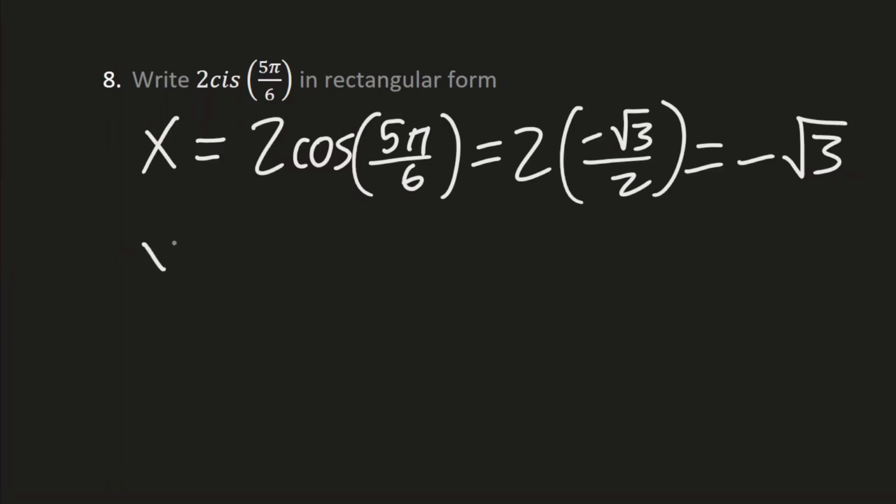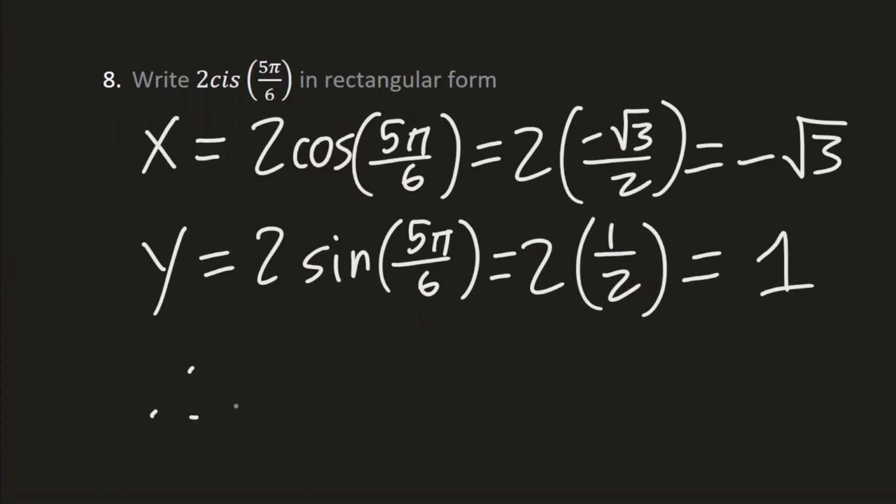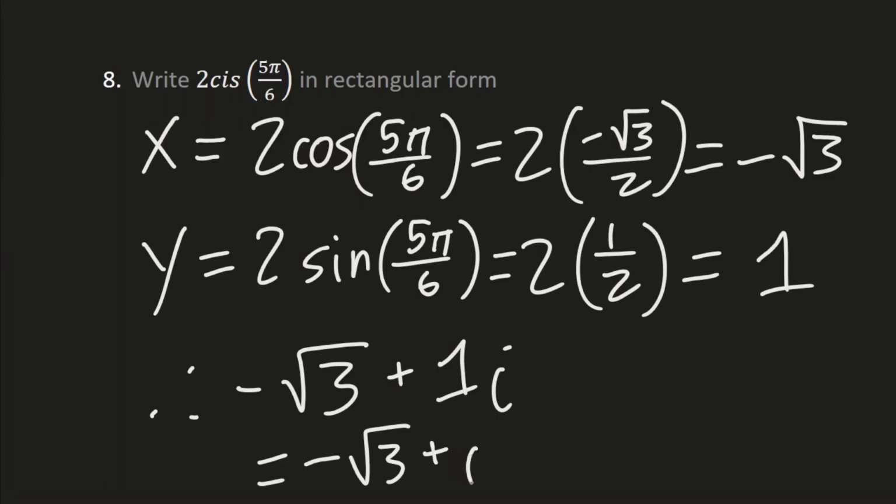For our imaginary part, y is equal to 2 times sine of 5 pi over 6, which is 1 over 2. So this is going to be equal to 1 since the 2's will cancel out. Therefore, we can write this complex number as negative square root of 3 plus 1i, which is just equal to negative square root of 3 plus i.